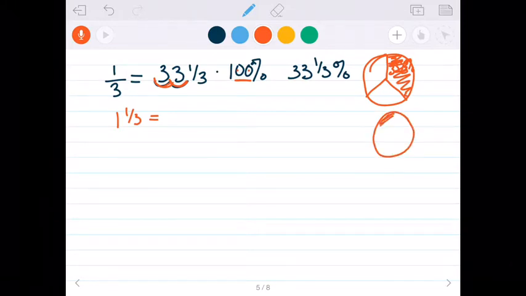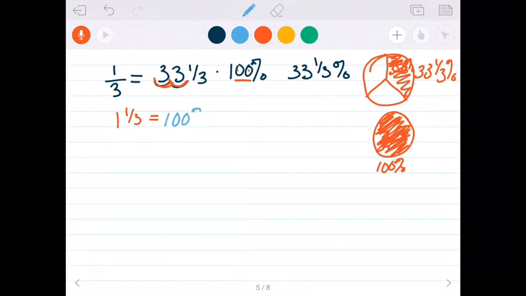Okay, of this pie or pizza or whatever it is, delicious cookie, we have all of it. That's 100%. And of this one, we have 33 1/3%. Okay, so we can simply add those two together, 100% plus 33 1/3% equals 133 1/3%.